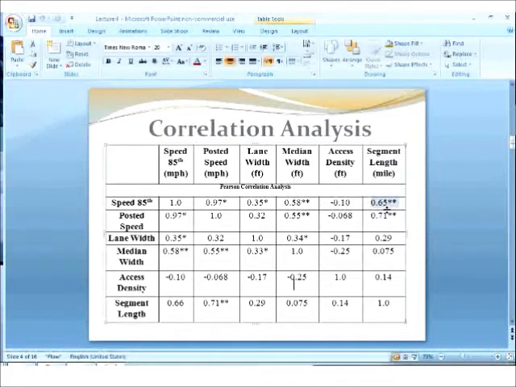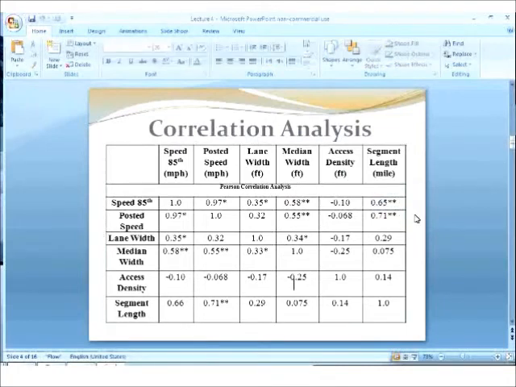The question was, what do the asterisks mean here? You see these double asterisks, these double stars here. SPSS gives you an indication that when there's a double star with these numbers, it means the correlation coefficient, or R, is significant, or the relationship between the independent variable and the dependent variable is strong.